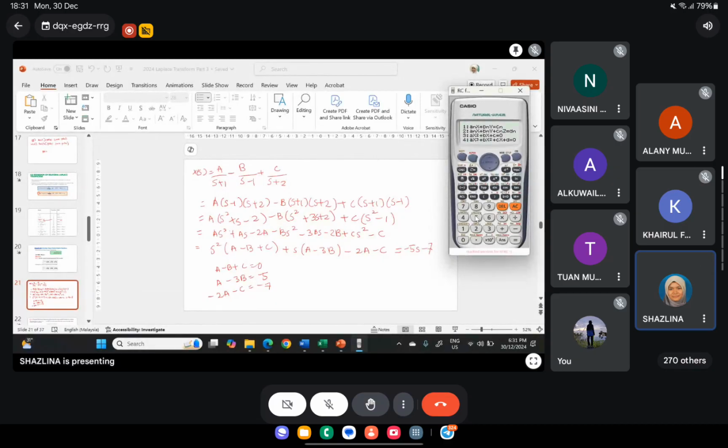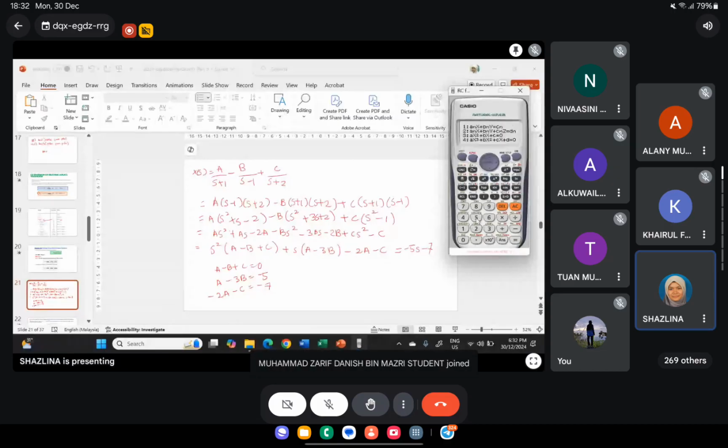So you have A, B, C, so it's number 2. The first term, A equals 1, B equals minus 1, C equals 1, D equals 0. Second one is A equals 1, B equals minus 3, C equals 0.